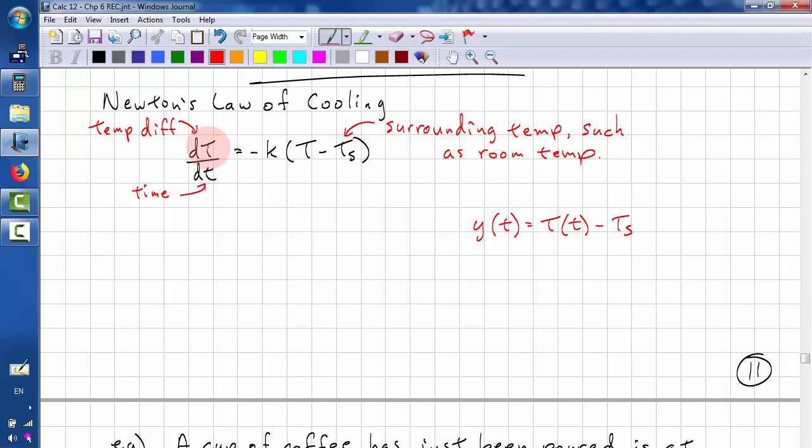Okay, so the temperature differential is going to be d/dt, and we have the temperature minus the surrounding temperature.